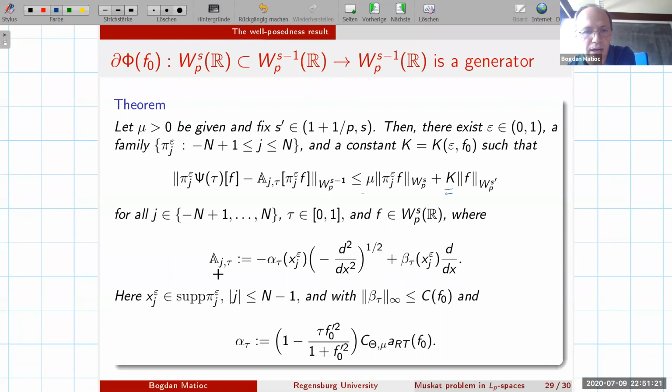And a j tau are some Fourier multipliers which we understand very well.